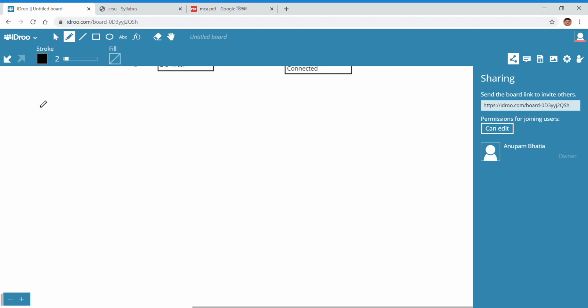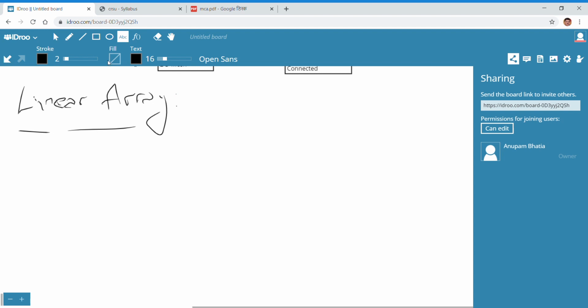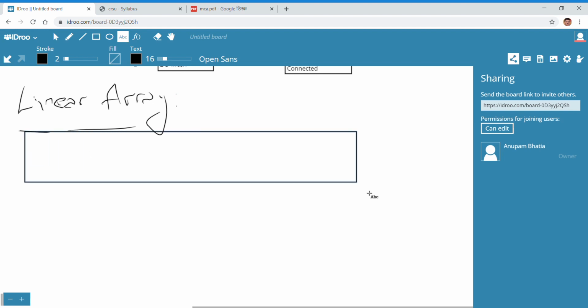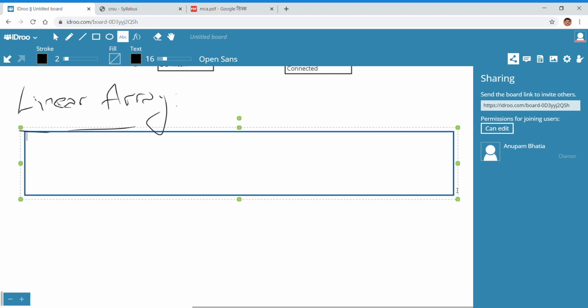Now we'll start from the linear array. It's the simplest way. I would like to create it in the text box so that you can get a better view, to connect the nodes.